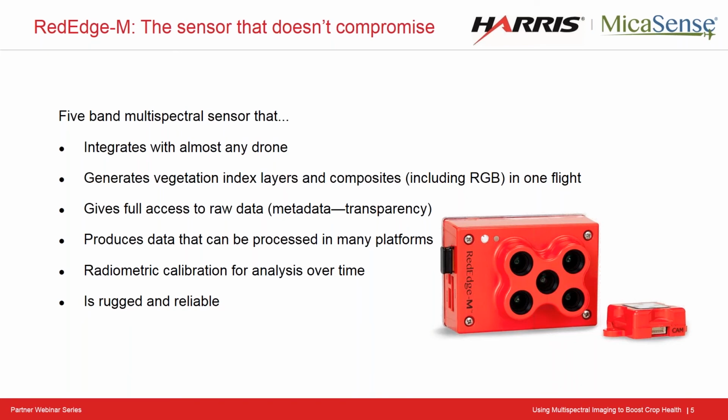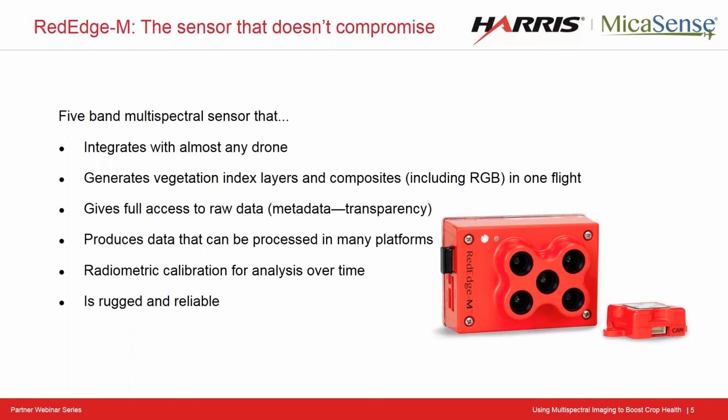Another thing is the data that's collected with the camera. It's either a 12-bit TIFF or a 16-bit TIFF file. The way that you can extract the metadata from that file is documented very well on our knowledge base, where we try to be very transparent when it comes to the information that you're collecting, the type of data that you're collecting, the metadata that's in the files themselves.